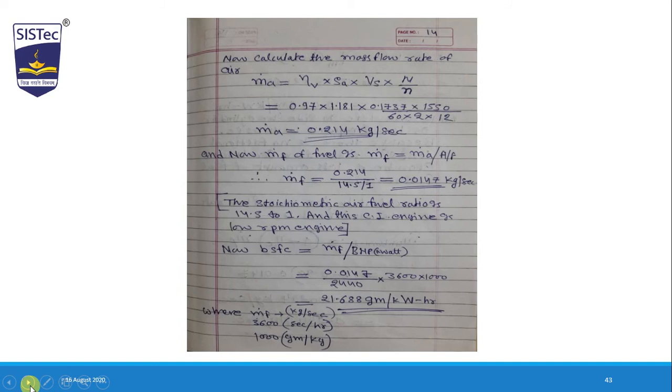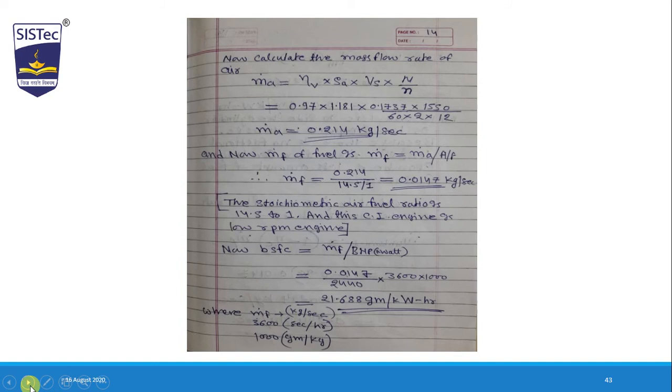Secondly, if the engine is more than 1550 rpm or 1600 rpm, it is understood as a medium speed engine, and the engine which produces more than 2500 rpm is called a high speed engine. So because of its low rpm engine, we consider the air-fuel ratio as 14.5:1, standard parameter.